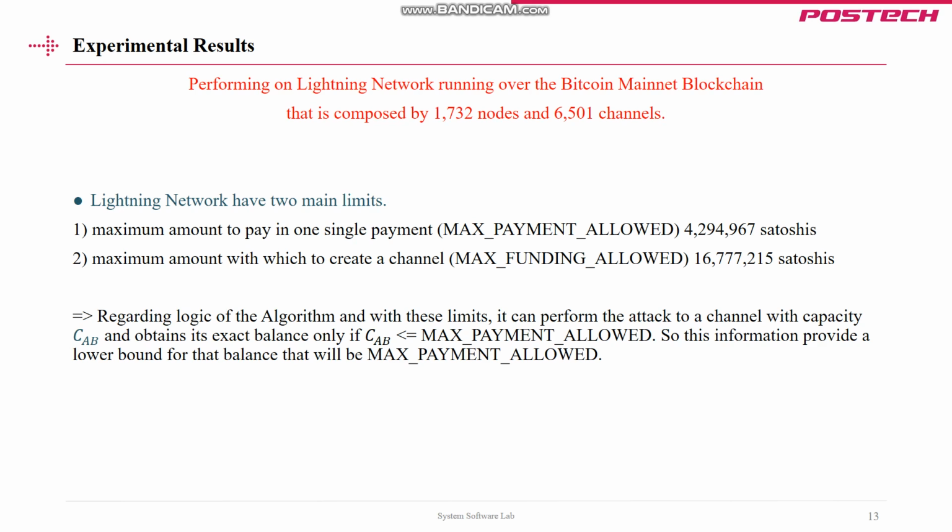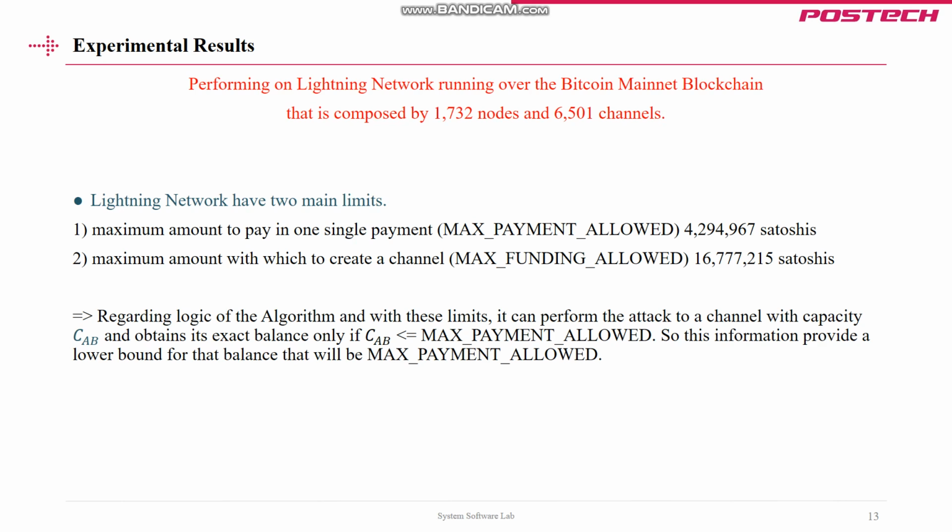The Lightning Network has two main limits in the mainnet blockchain. First, the maximum amount to pay in one single payment, called max payment allowed, and second, the maximum amount with which to create a channel, called max funding allowed.